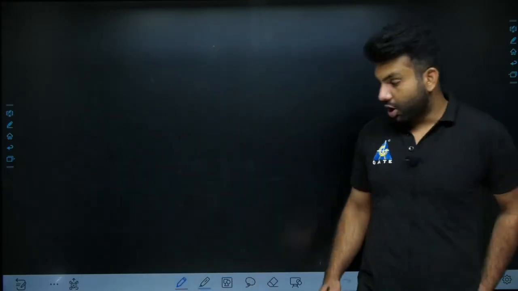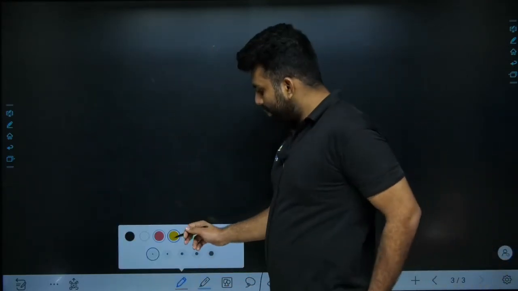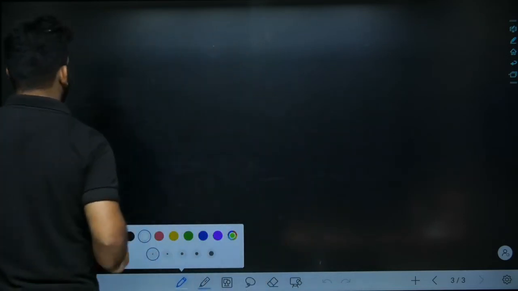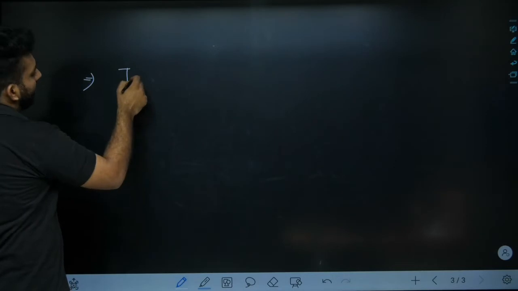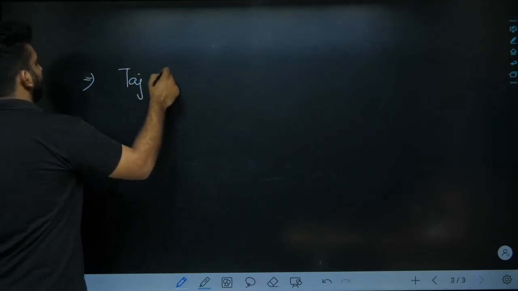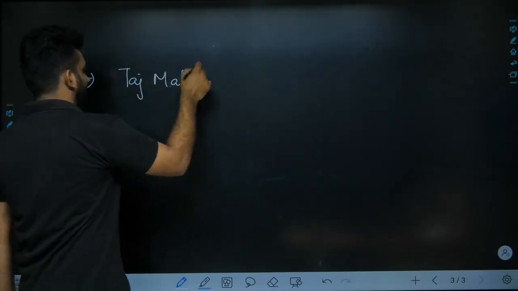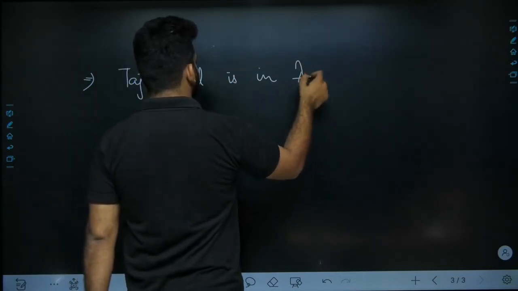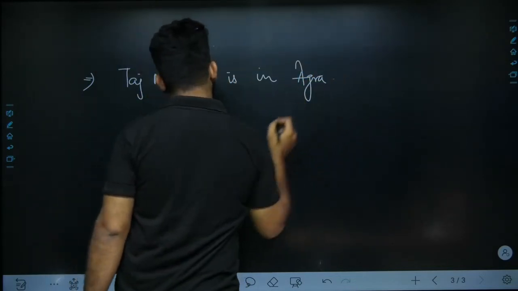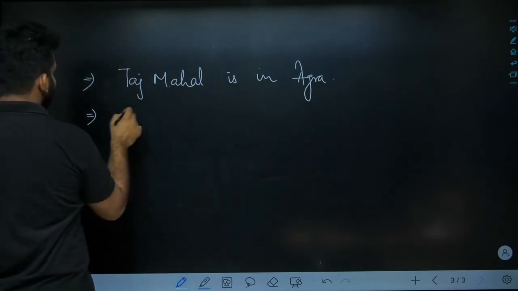Let's take some examples. Let's see over here. Taj Mahal is in Agra. The sun rises in the east.